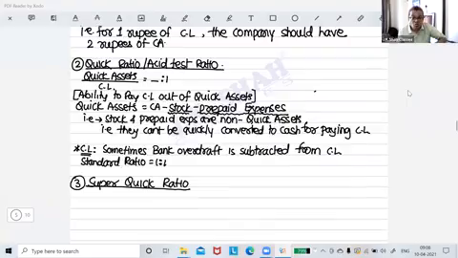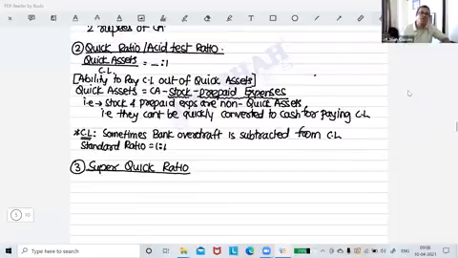Now, super quick ratio. I'm not even going to consider debtors. In the quick ratio I say, debtors will pay me in the short term, and from that I will pay current liabilities, creditors.